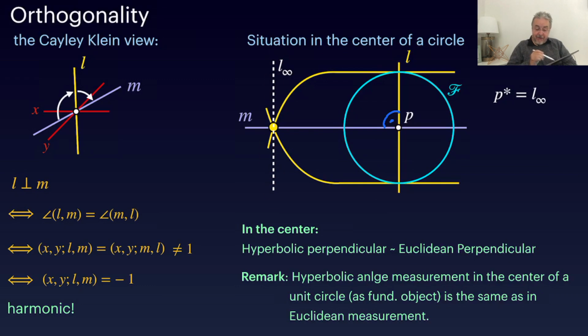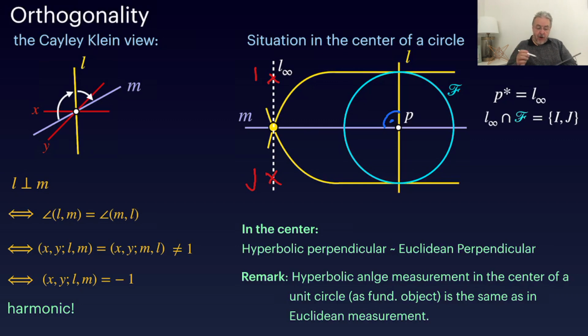But this is the line at infinity, and this is a circle, and the intersection of the line at infinity and a circle is just the points I and J. So on that line here, you somehow have I and J, and the tangents through point P will be exactly lines through I and J. So in our formula, what you really get is the Euclidean distance measurement.